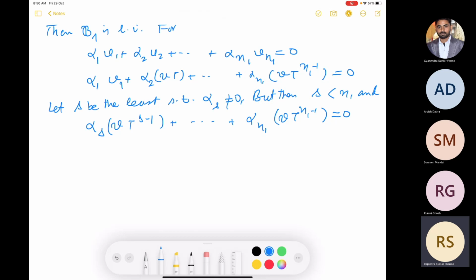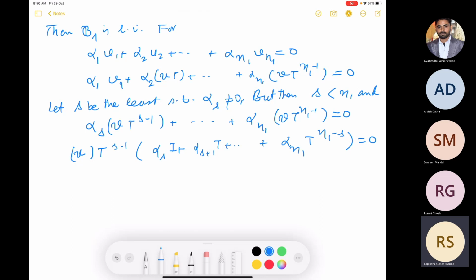So this v, and this is t^(s-1), and here will be alpha s times identity, plus alpha s plus 1 t, up to alpha n1 t power n1 minus s. And this is 0.